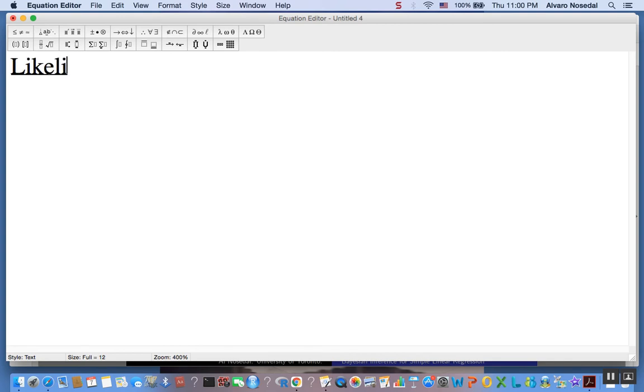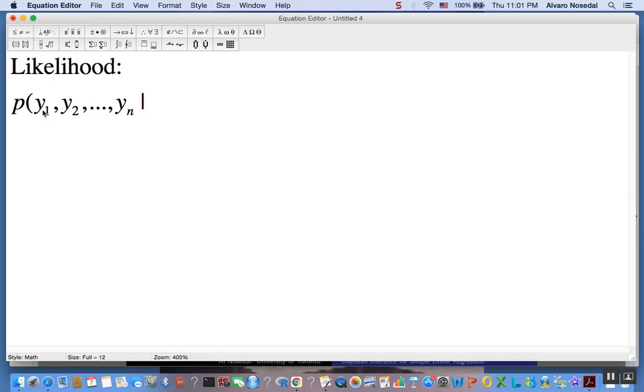So likelihood. Let me write it like this in a generic form. Could be P or F to refer to that function. So let me use that P notation in this case. So we could think about it as a probability function that is conditional on the parameters of interest, right?